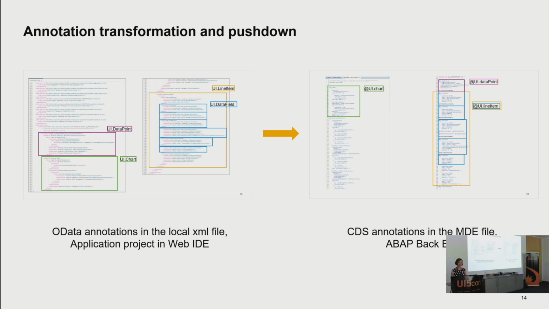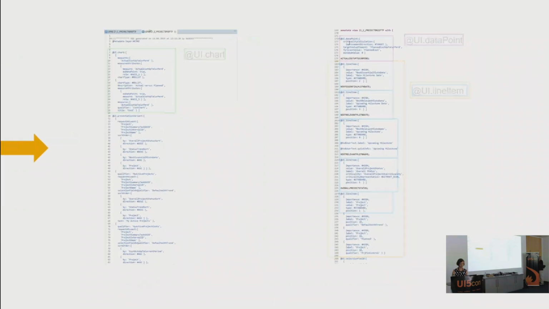To close this gap and make it easier for you, we would like to provide an annotation transformation and pushdown to the backend. As soon as you have created your UI and you're happy with that, as a final step, you click a button, go through a small wizard, and then you have all the UI annotations that you created here in the backend.